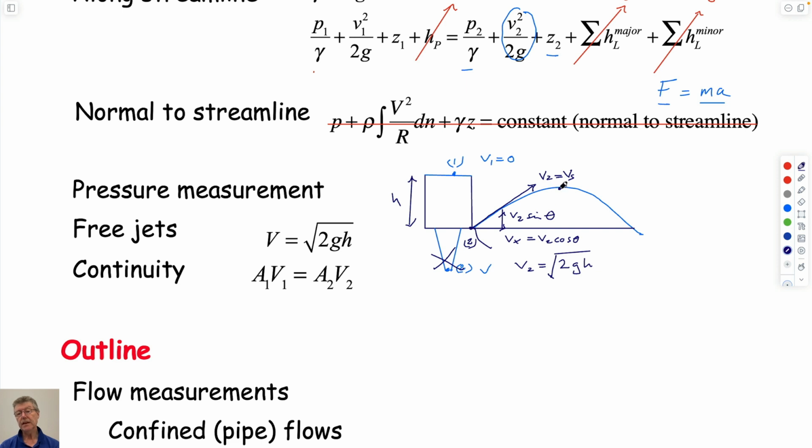We know that this velocity here is going to be v3, but v3 has to be equal to v2 cosine theta. Has to be the same as this, right? I'm moving across the room. Newton's law says that if no force acts on me, I keep on going at the same velocity. Can't decelerate. So we know what this velocity is here. We know what this pressure is, 0. We know that this elevation is 0. And we don't know what this elevation is.